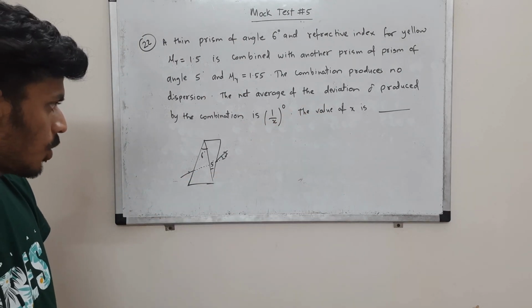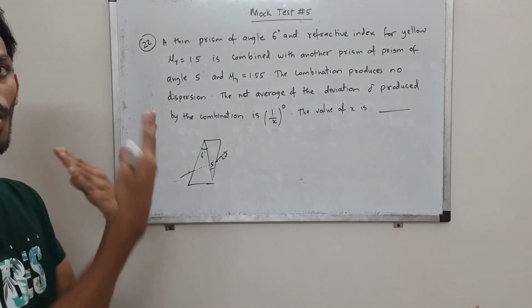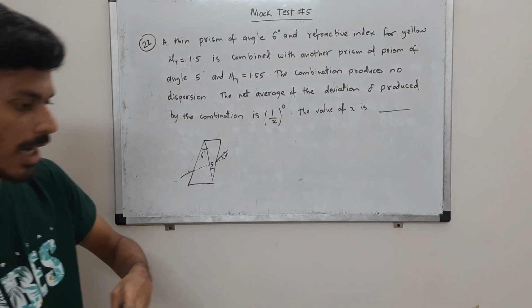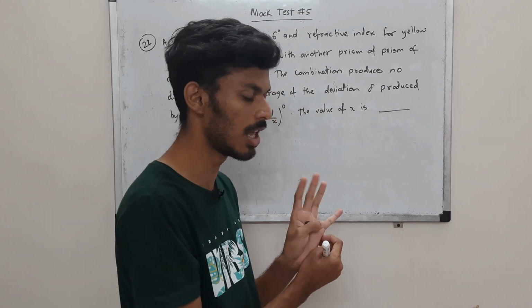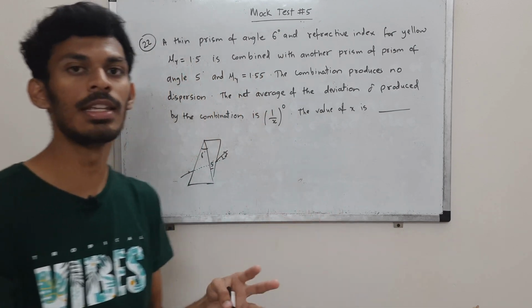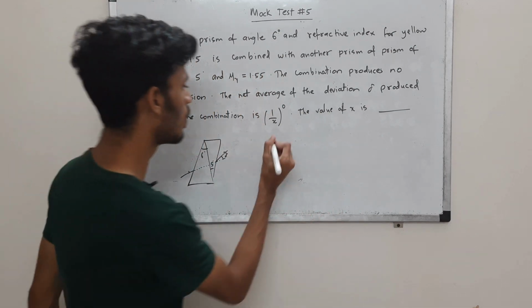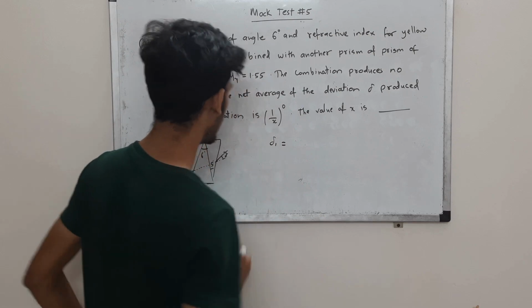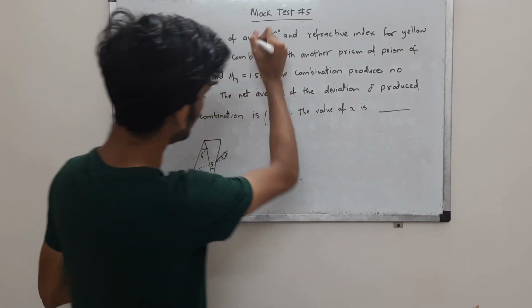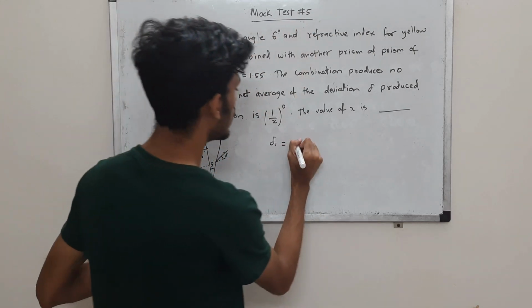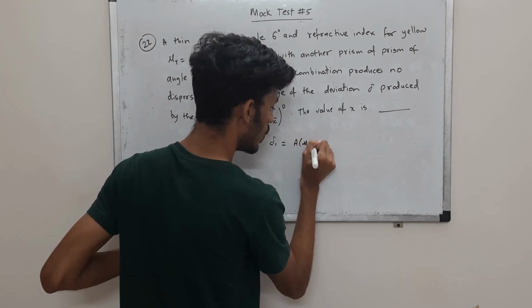Now you can see that they are aligned in opposite ways, so one will try to increase the angle of deviation and the other will try to decrease it. Suppose delta 1 is the deviation due to the first prism. Since the angles are very small, you can use the formula A into (mu minus 1).